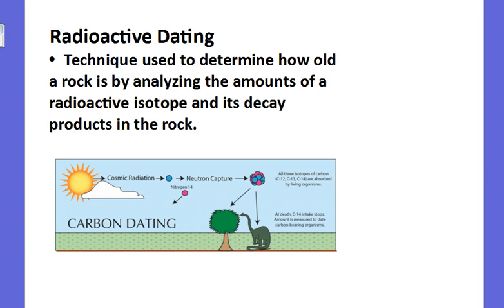So this is a more specific dating process. This is the kind of process that can tell you whether something is 10 million years old or 100 million years old or 300 million years old. You can't get super specific. It's not going to be able to tell you an exact number of years old, but it will give you a range of years old.